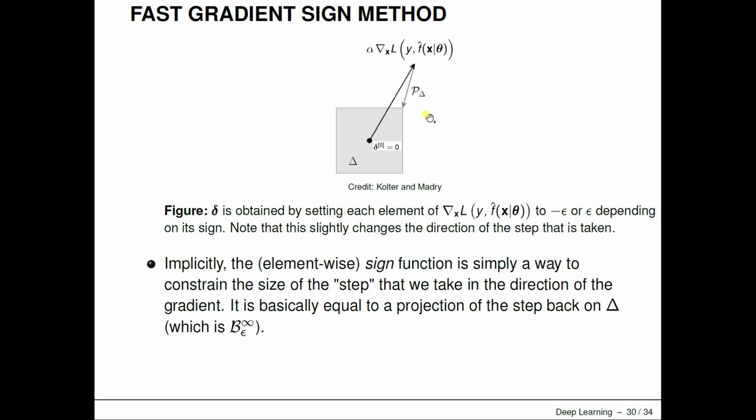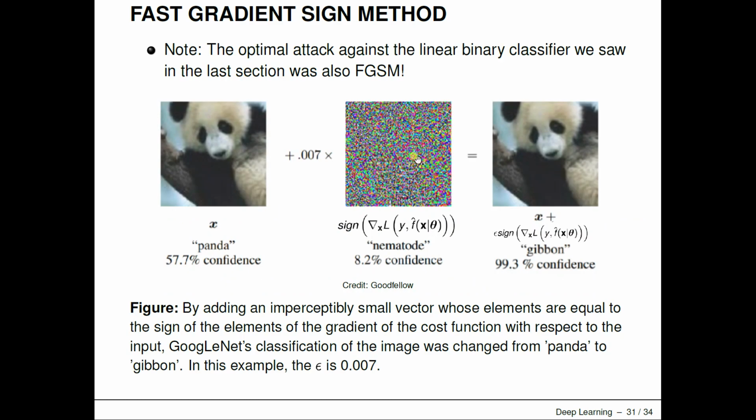This approach can be considered as the simplest way to force updates to stay inside of the epsilon ball, because we are mainly saying that our perturbation can be only minus epsilon or plus epsilon. Note that the optimal attack we derived for the linear classifier corresponds to the FGSM perturbation.